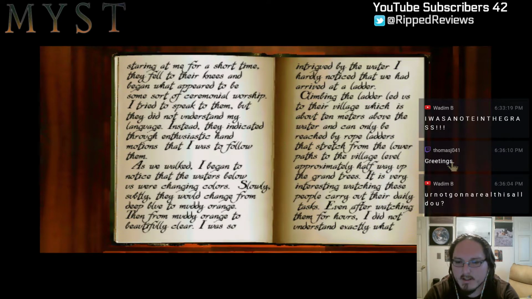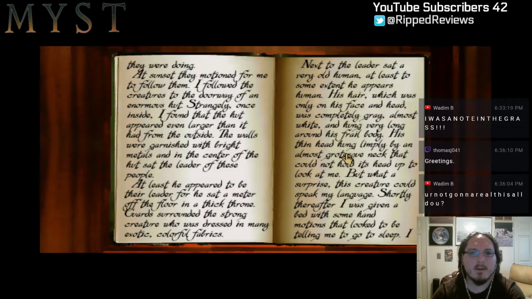Even after watching them for hours, I did not understand exactly what they were doing. At sunset, they motioned for me to follow them. I followed the creatures to the doorway of an enormous hut. Strangely, once inside, I found that the hut appeared even larger than it was from the outside.